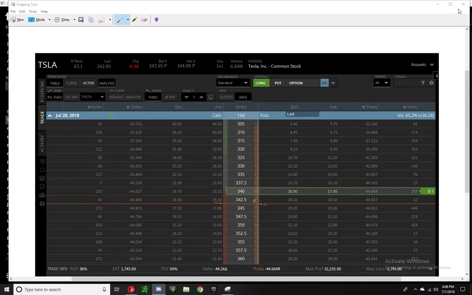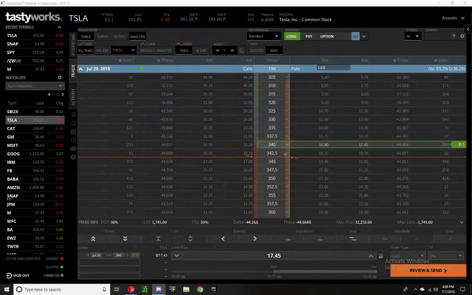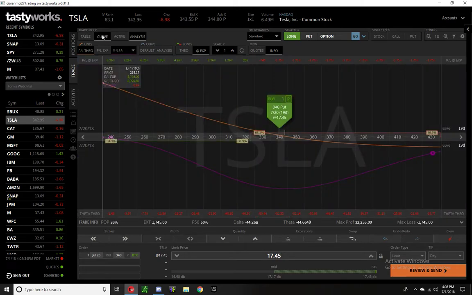All right, so if you look at that, that's your probability of making money on a put option. It's about 36%. So it's not very high.